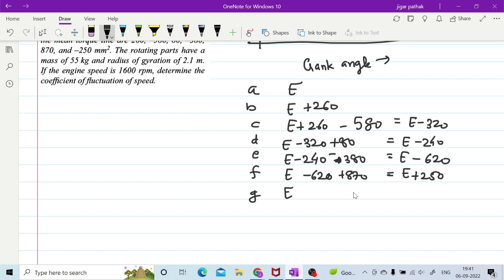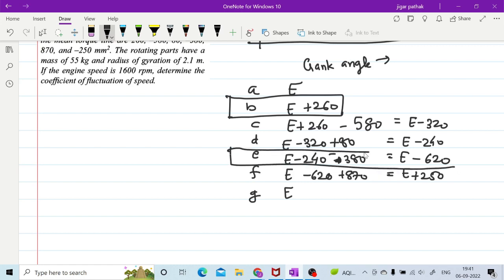So if you go for the maximum energy, then it is this one, right? This is maximum, yes or no? Right, so this is maximum, and minimum is this one, E minus 620, correct?